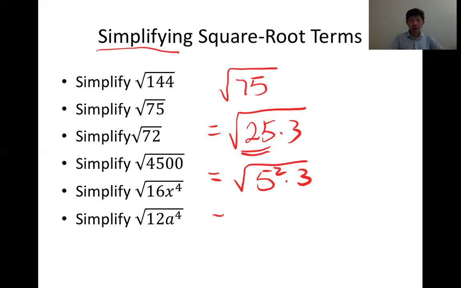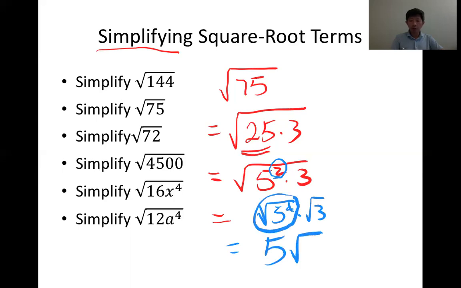So square root of 5 squared times 3. So this one carries the square root. So therefore, we can change this. Actually, this is square root of 5 squared times square root of 3, right? So therefore, this one can cancel out, 5 root 3, right? That would be the answer.